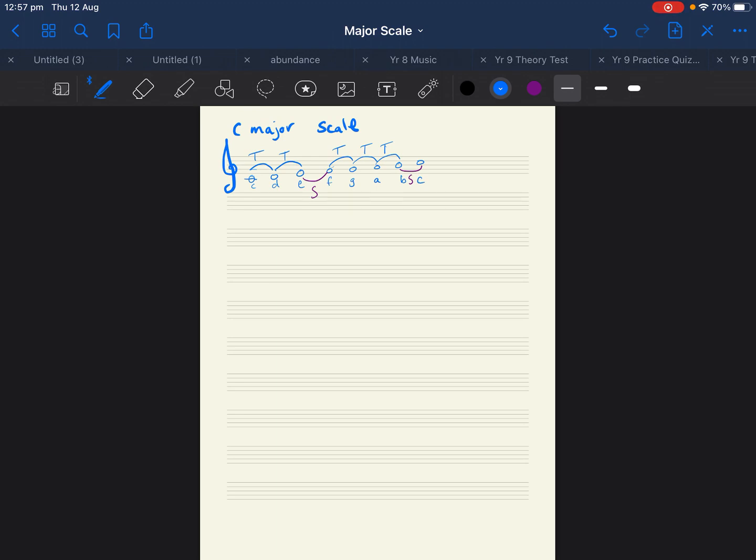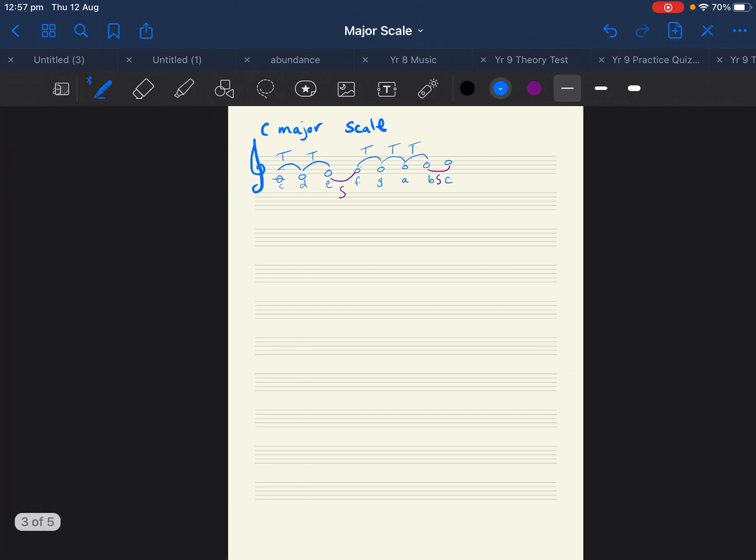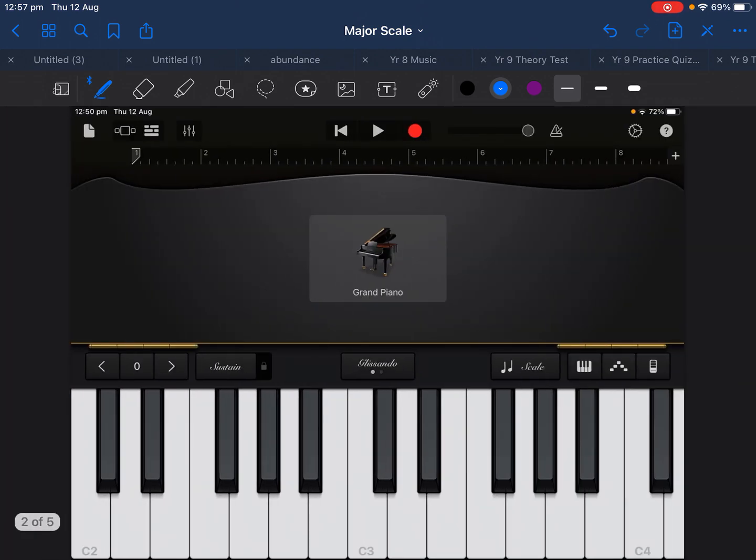Alright, so then what's this tone and semitone business? So I'll use this keyboard which is here and explain it to you. Right, down here we have the C note, okay?